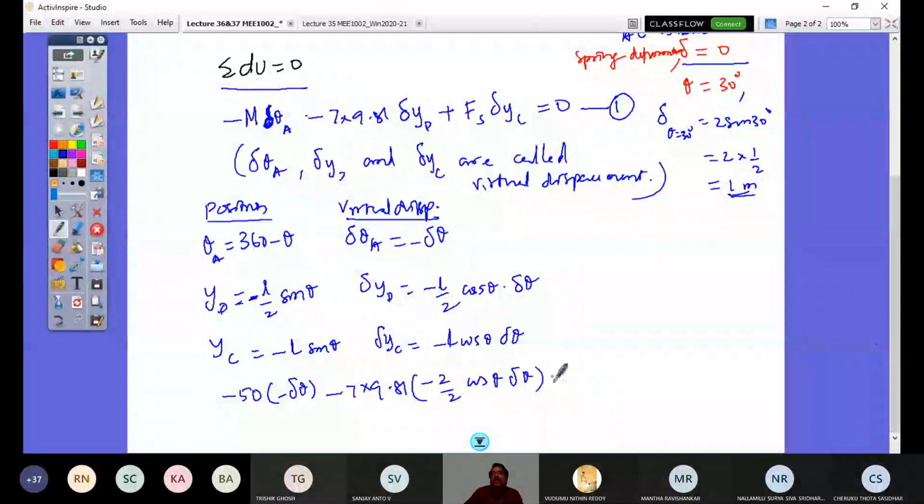Fs is given by K into delta. So let me put that over here: K into delta into delta YC. So delta YC is minus L cos theta delta theta. This is all equal to 0.